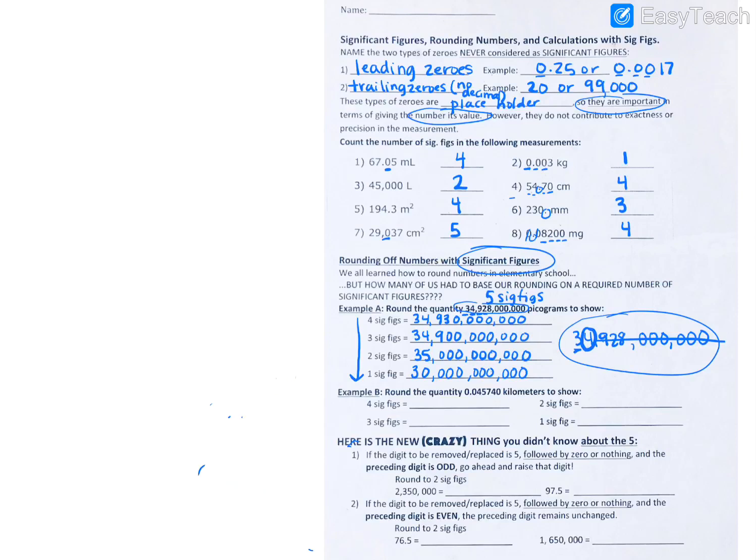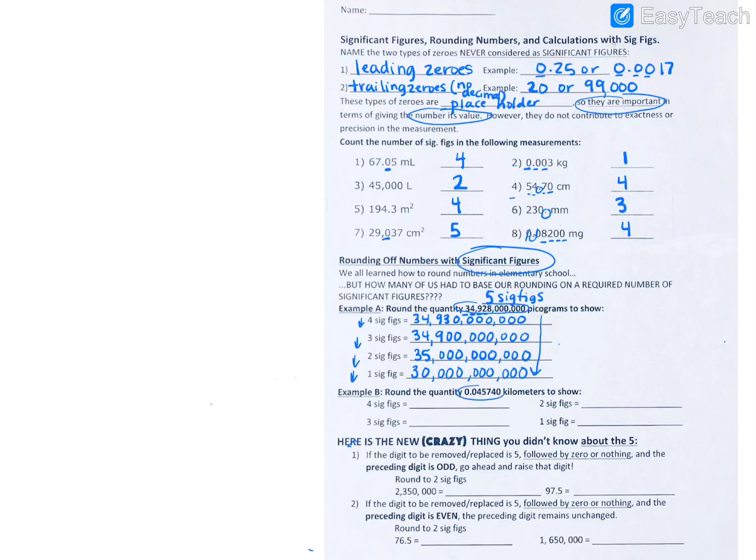And how it applies to science and data and how we round with it. Now, you should notice that as we go through, as we reduce the number of significant figures, from here to here to here to here, all right, you can see the number is losing its certainty, it's losing its exactness, but that's what happens when you have less sig figs involved.